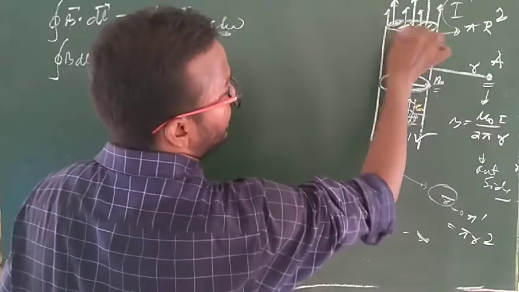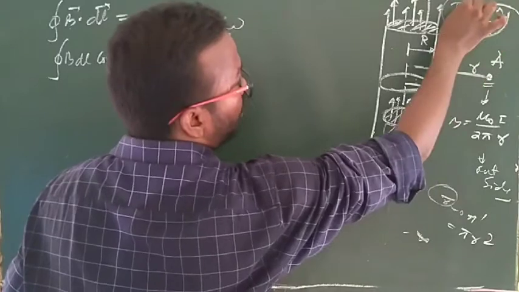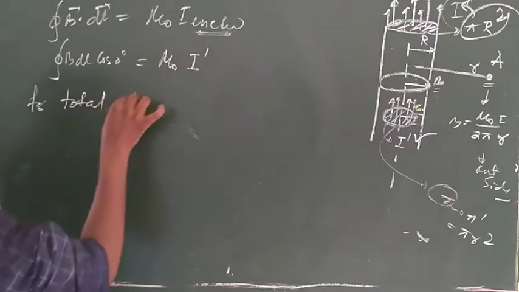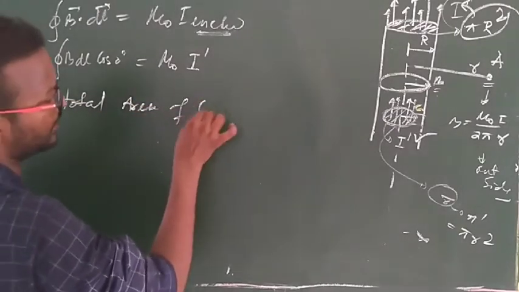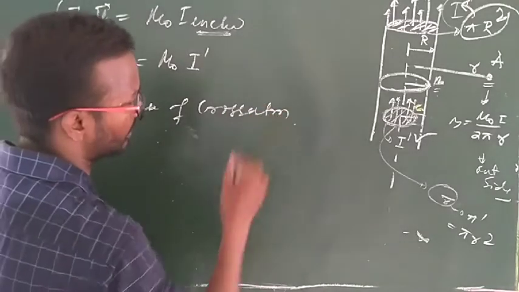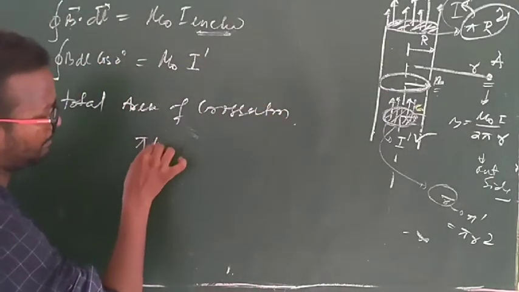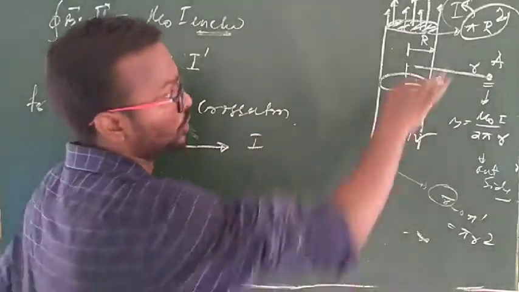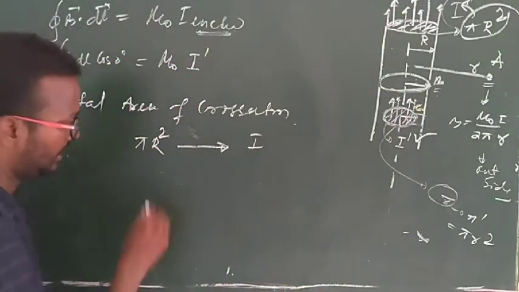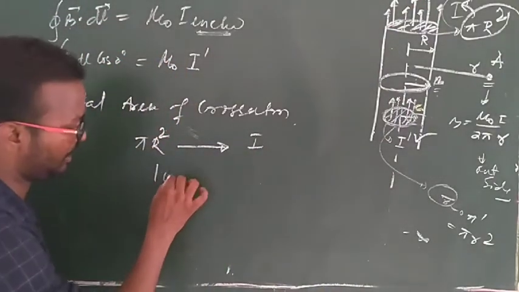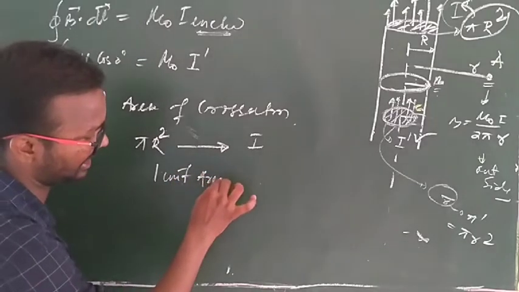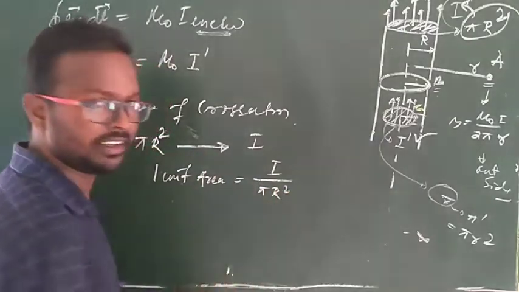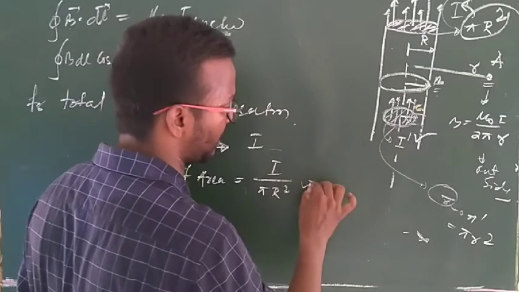Now this is the total surface area, and for the total surface area the current flowing is I. That means for the total area of cross section, pi r square, the current flowing through the cross section is I. For unit cross sectional area, it is I by pi r square, and this quantity is known as current density.